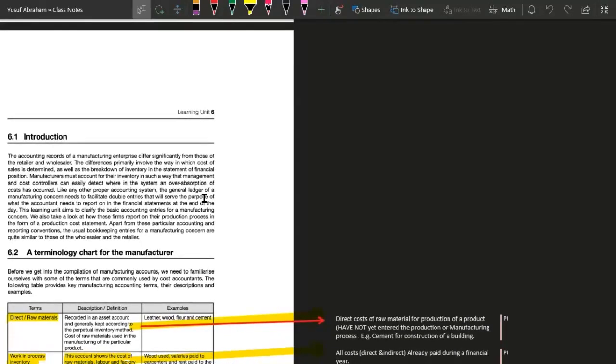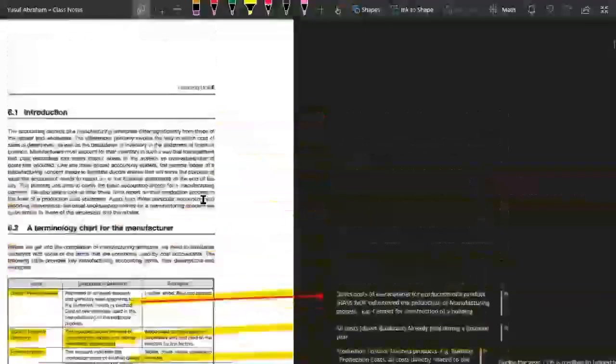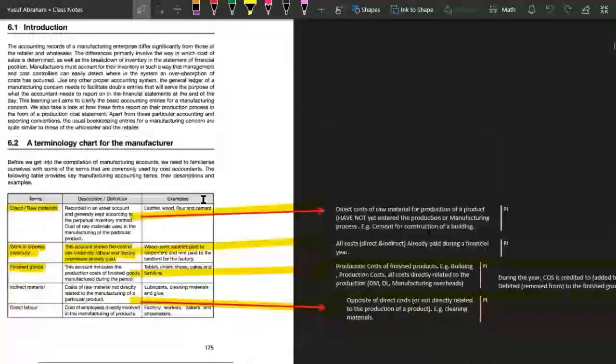Manufacturers must account for their inventory in such a way that management and cost controllers can easily detect where in the system there is an over absorption of cost, right? So that's what you can retain from the introduction: there is a way it's being done for a manufacturing enterprise that you're not necessarily going to find in other types of businesses.